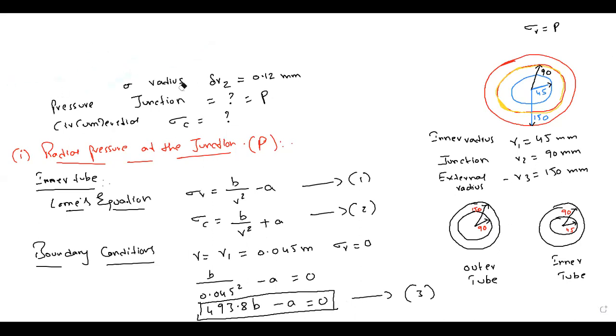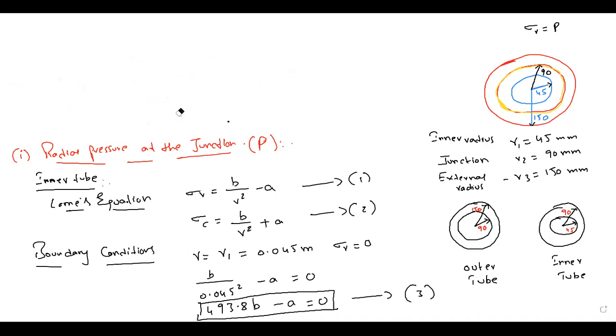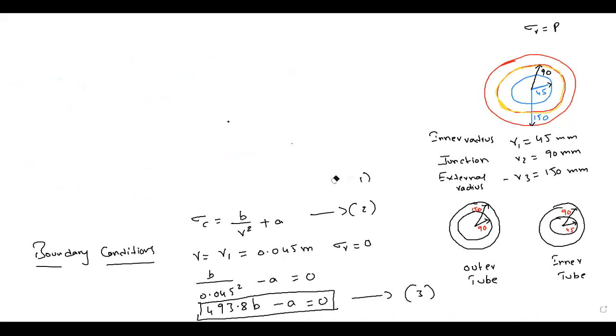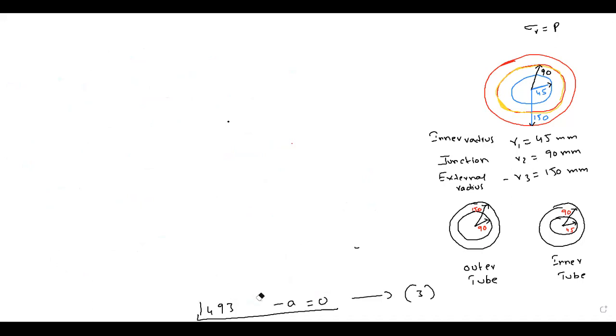Next, another boundary condition for the inner tube. What is the next boundary condition for the inner tube? In the inner tube we have two radii, right? So what is the second boundary condition? Your R is equal to R2. Clear?